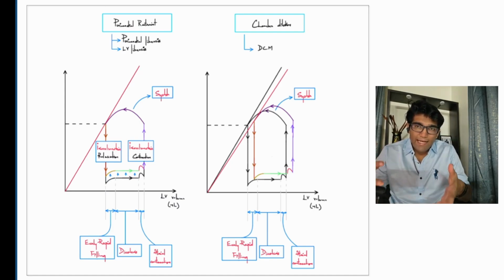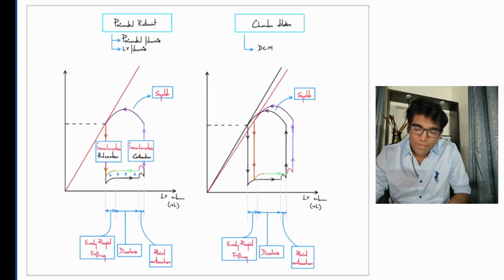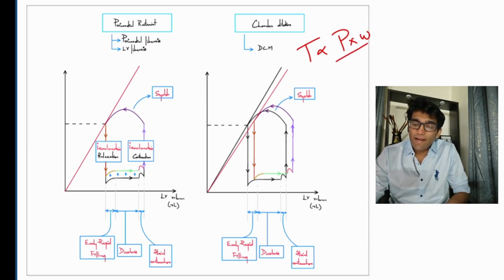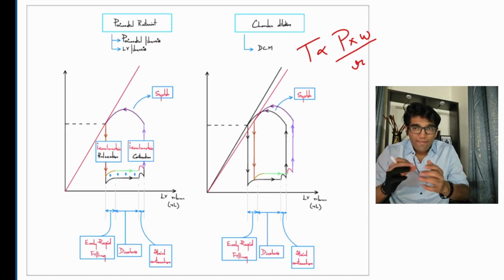When it starts to dilate, by the Laplace law, the wall tension that is developed is directly proportional to the pressure within the ventricle and the width of the ventricular wall, divided by the radius or the internal diameter of the ventricle. So what does that mean? That means that when the ventricle dilates, the ventricle thins and the internal diameter increases.